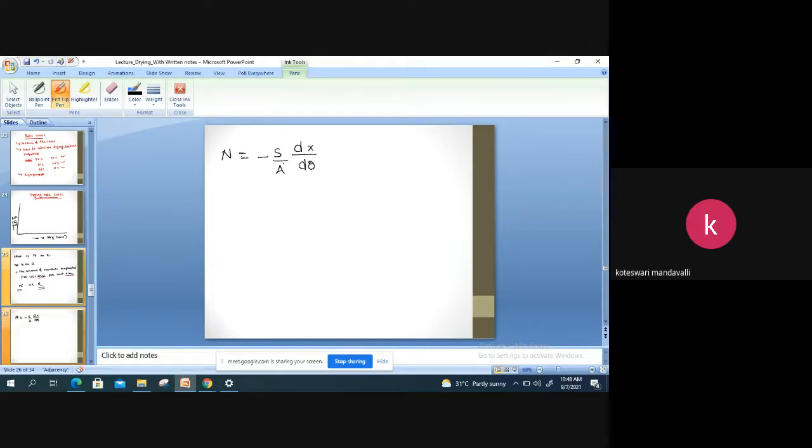What are these terms? Suppose your moisture content is reducing from X1 to X2. The initial moisture content is X1 and the final moisture content is X2. If you are removing moisture, X1 becomes X2 after removing moisture.